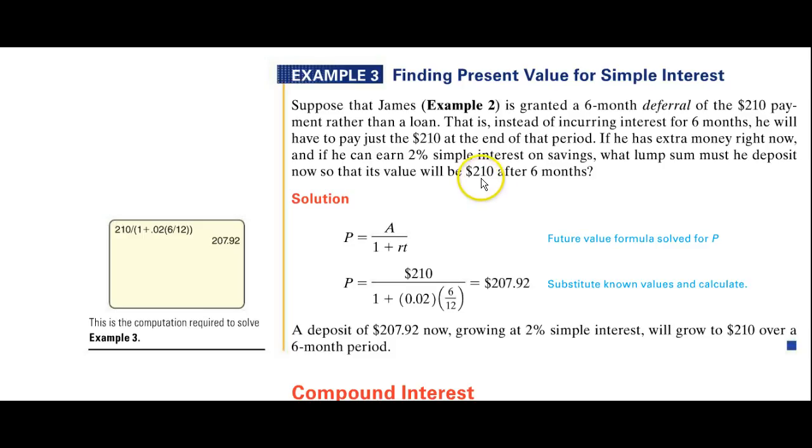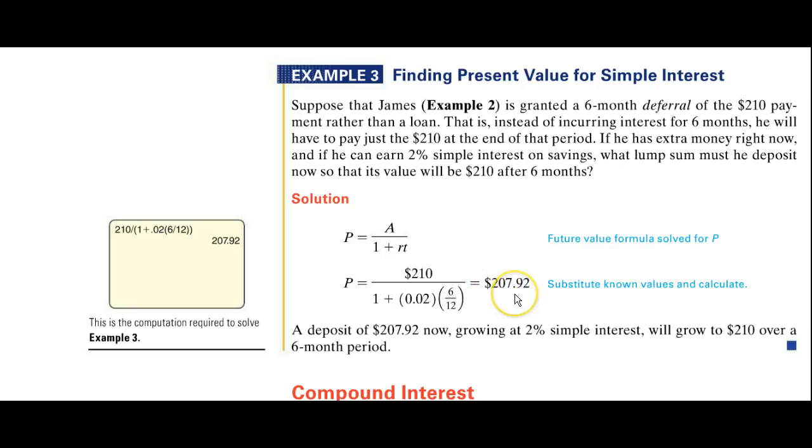That's our future amount, our future value, which is A. So we put the $210 there, and then we divide it by 1 plus our rate, which is 2%, times our time, which is still 6 months, which you could put as 1/2 or 0.5. If you do this calculation carefully, you get this result.